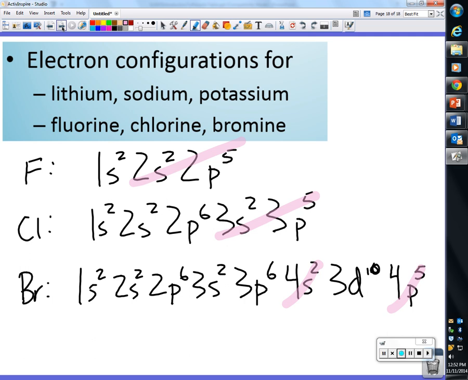All right, good. Again, fluorine, chlorine, and bromine are in the same family as each other, and they have similar electron configurations, differing by what row they're in on the periodic table. And we'll find that of any family on the periodic table. That's true. All right, let's finish this up.